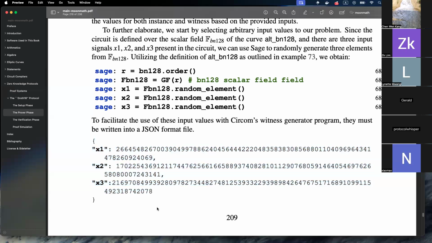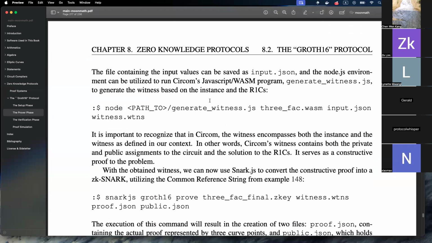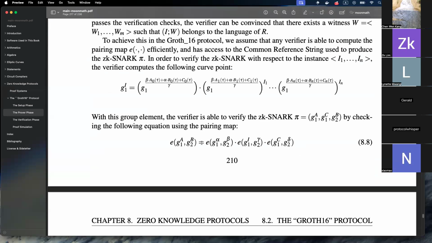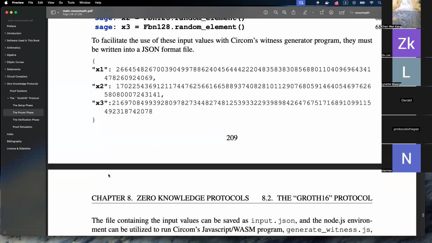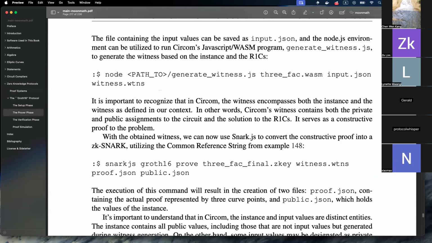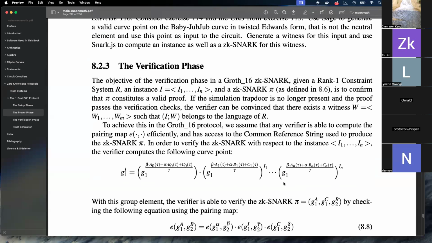That's why you can see this very clearly if you use circom. The proof generally consists of three parts: A, B, and C. This shows again just how this looks in snarkjs. Okay, that's essentially everything about the proof.